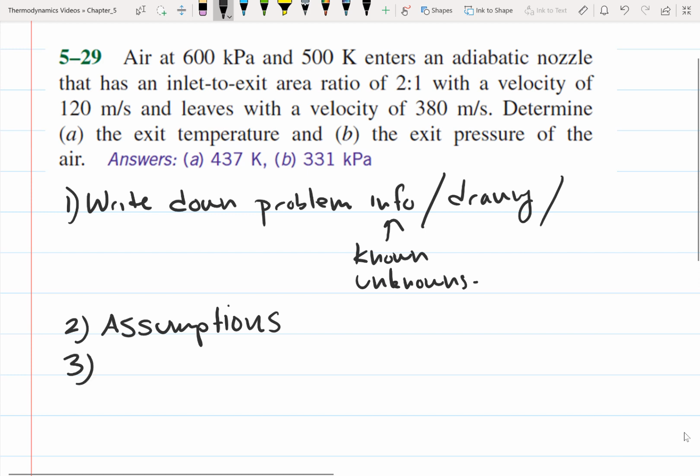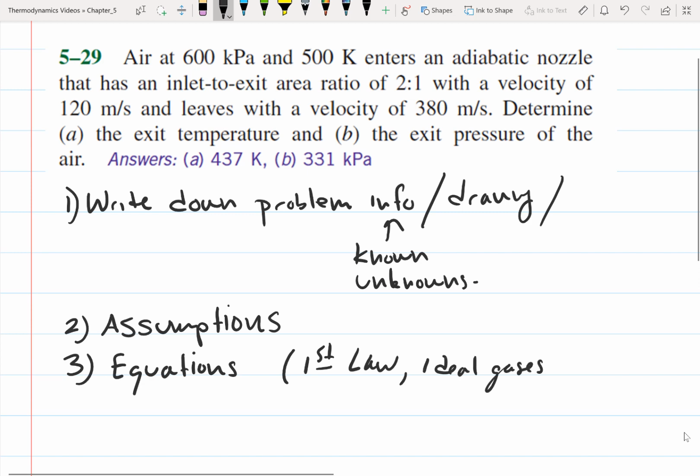The third step is to write down the equations you're going to use. This would be like the first law for this class. If you ever need an energy balance, that would be basically the first law. Do you have ideal gases? Do you need ideal gas equations?